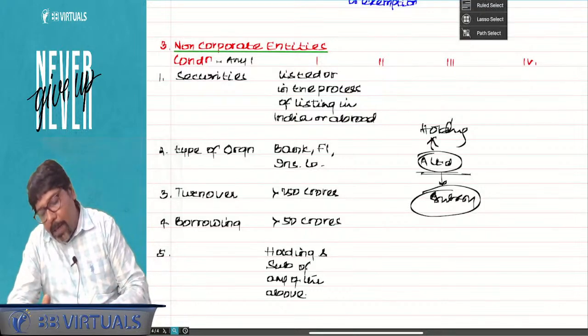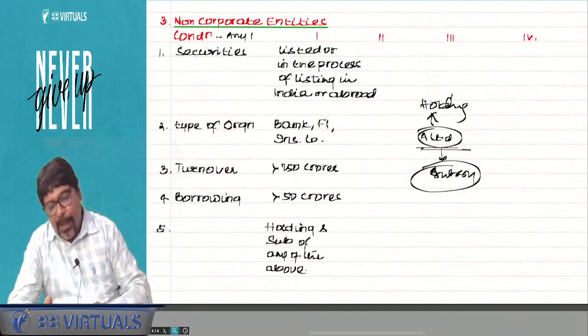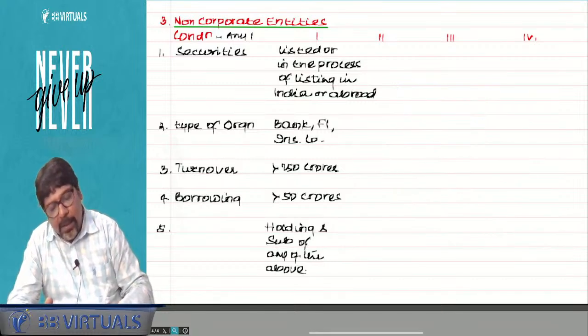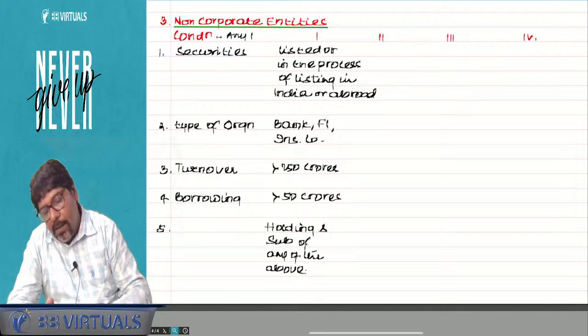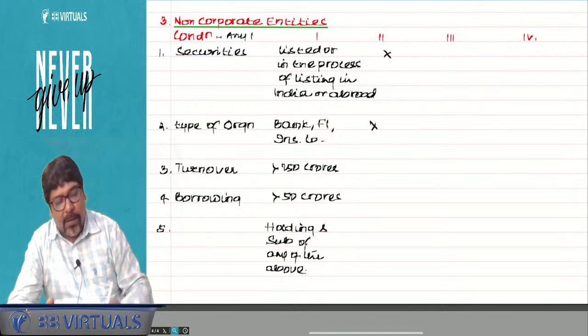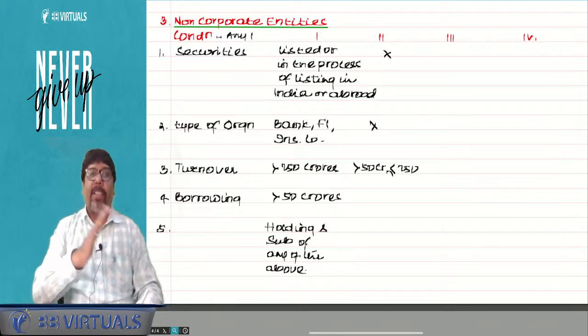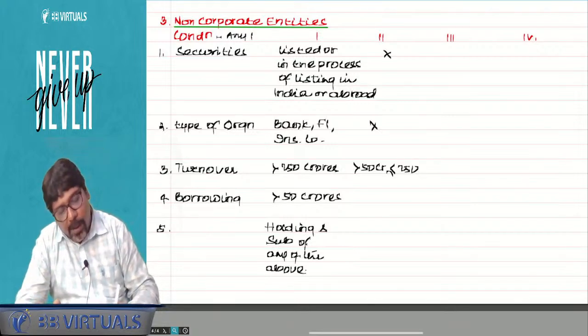For level 2 entities chartered, this obviously is gone. Turnover greater than 50 crores, less than or equal to 250 crores. So 50 to 250, level 2.